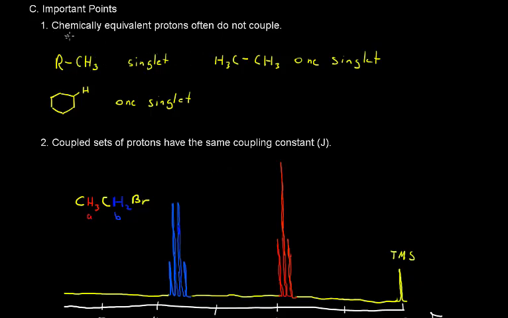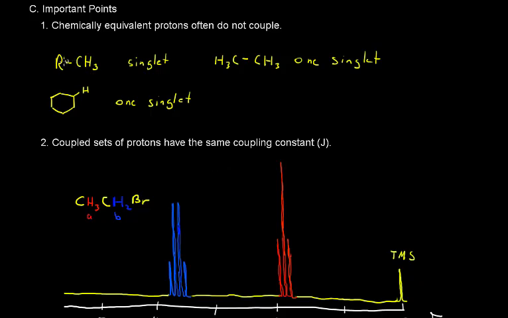Chemically equivalent means you're in the same chemical environment. I should probably say that they often do not couple. In the cases that we'll be focusing on in our simple spectra in this course, this will almost always be true.